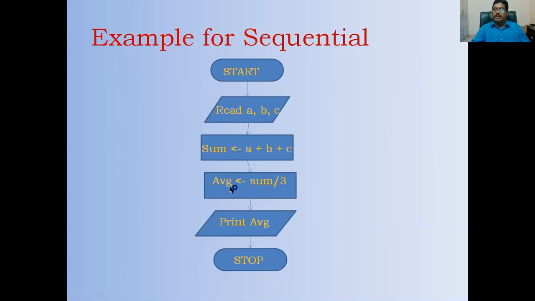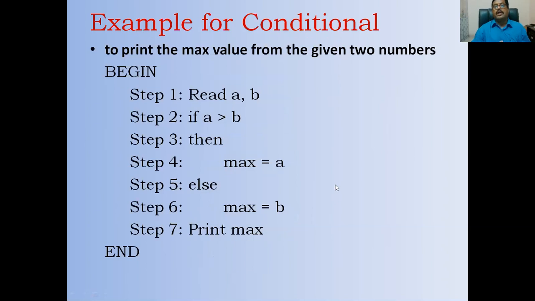The next one is also a calculation: sum by 3 is calculated, and that value is assigned to average. Then that average is printed, and it stops. So sequential statements are simply line by line execution. There is no ambiguity. That's all.